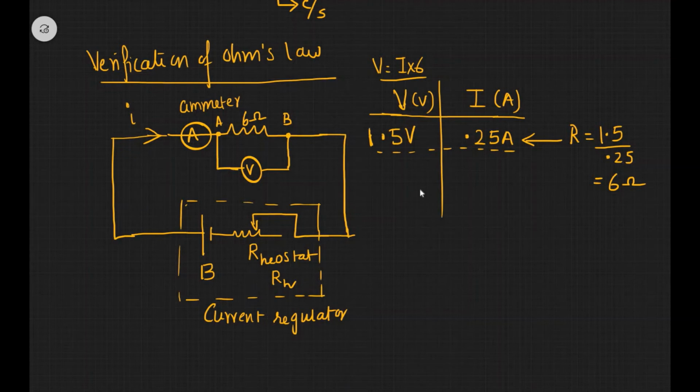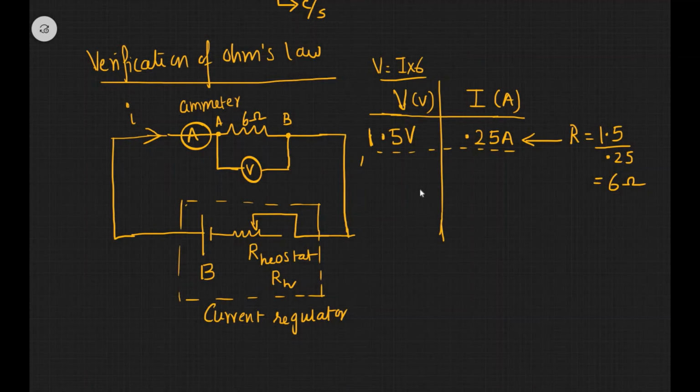But usually when you do experiments, there are experimental errors, so you won't get exactly 1.5 volts. You may get maybe 1.4 or 1.6. So the way to do it is to calculate these values for 4 or 5 additional readings. You find out the current and the voltage.